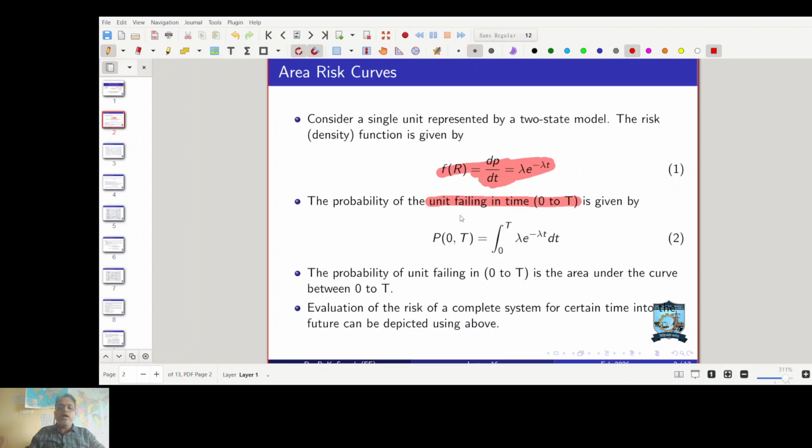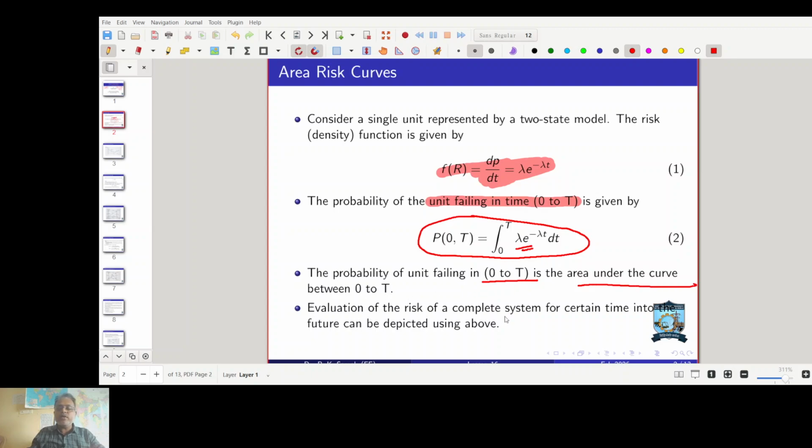Therefore outage will occur only when the reserve fails to operate within the lead time, and that probability can be given by this equation, which, as you know, an integral will mean an area under this curve. So the probability of a unit failing between 0 and lead time is the area under the curve between 0 and t.